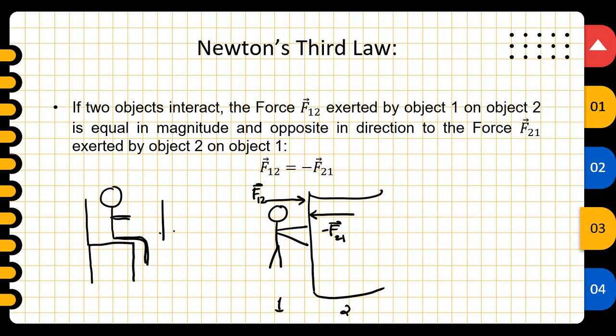Let's say the weight of the person is negative 155 newtons, because it's directed downwards. The normal force exerted by the chair on the person is equal to 100 newtons. Since they're unequal in magnitude, what happens to the chair? The chair will eventually break because it cannot support the weight of the whole system.